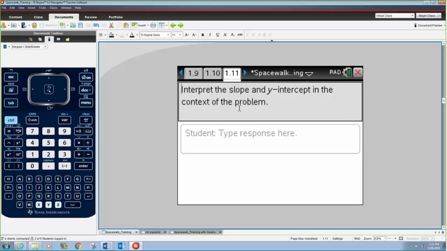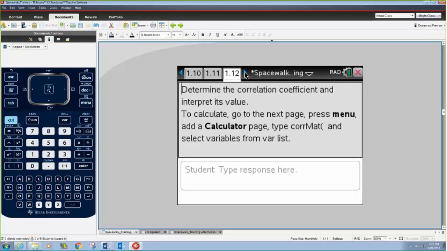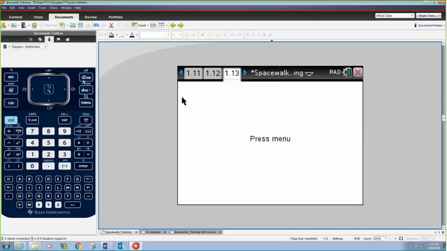There are some questions in this file: interpret the slope and the y-intercept, which are the questions usually asked on the exam, testing the understanding, and then determine the correlation coefficient and interpret its value. So they give the screen here, so we need to get the calculator.